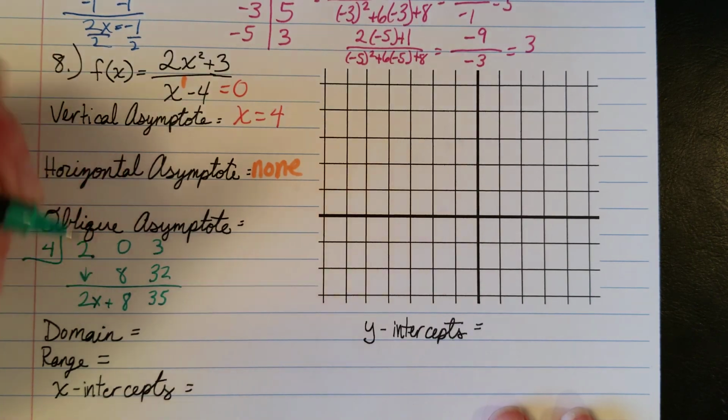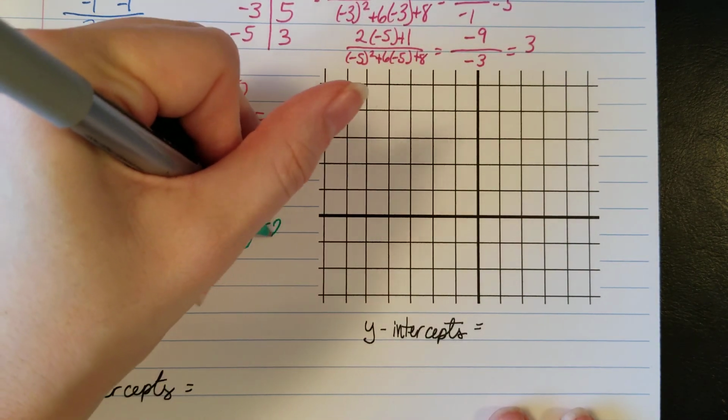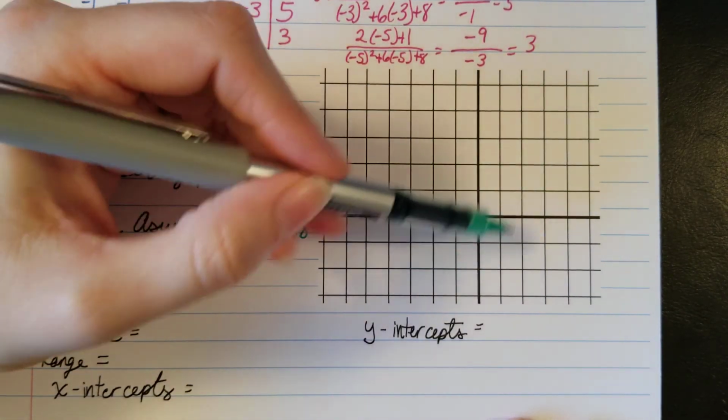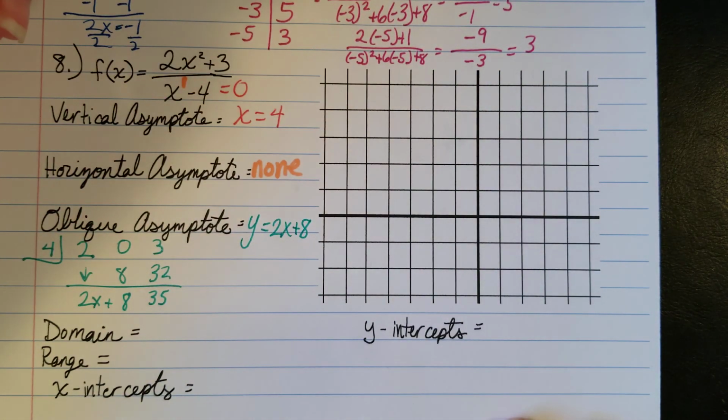It's going to be y equals 2x plus 8. And I know sometimes I have a better graph, but right now this one is really small. It's not going to fit very well. So we'll see what we're going to do about that.